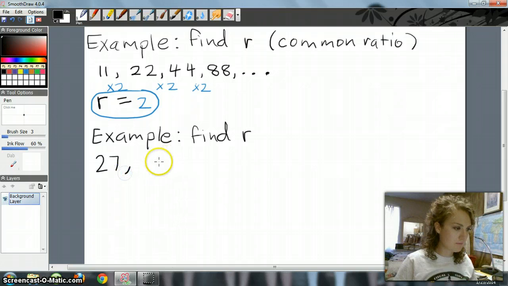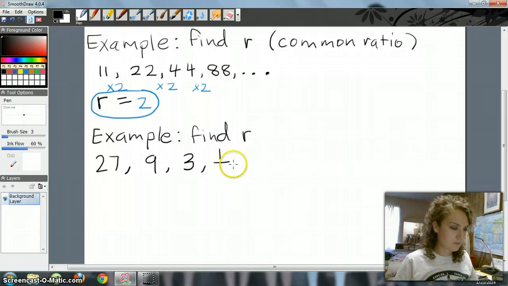My next term we'll put as 9. My next term will be 3. And then the fourth term will be 1, comma dot dot dot.